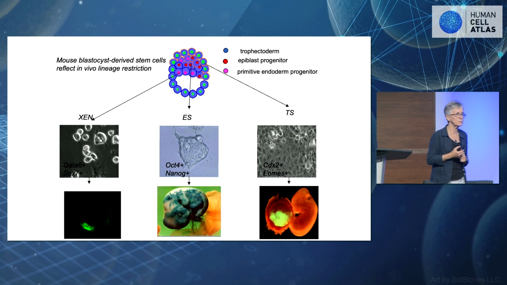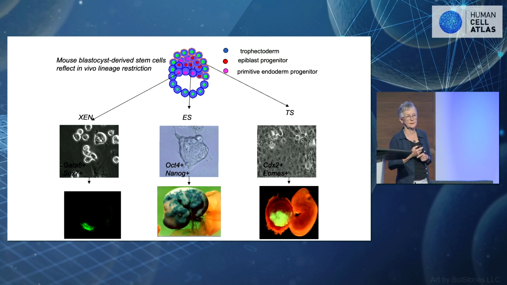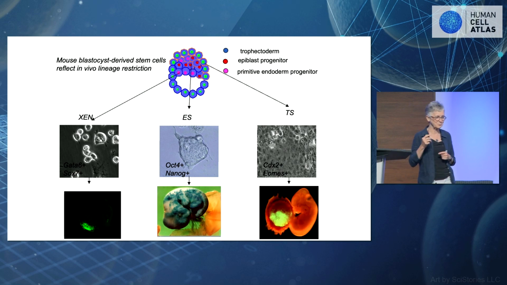We also know that by the time you get the blastocyst, those lineage-committed cells can be used to derive 3 stem cell lines. The most famous stem cell lines from the mouse blastocyst, and indeed the human blastocyst, are, of course, embryonic stem cells, the pluripotent, hence not totipotent, cells that arise from the epiblast cells of the blastocyst.